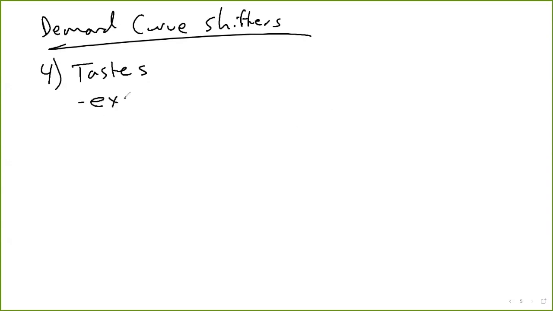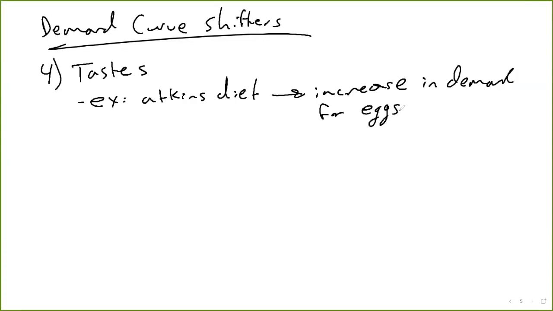An example is the Atkins diet, which caused an increase in the demand for eggs. Right, this was completely attributed to taste. There was no change in the price of eggs or income or any of the other factors.